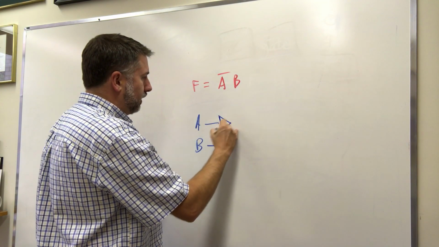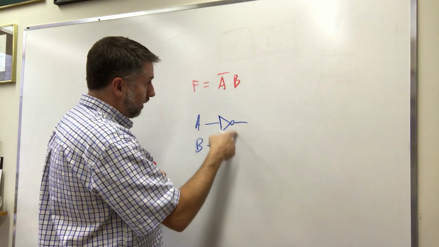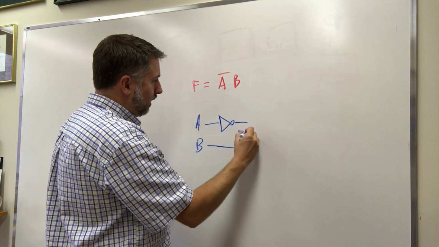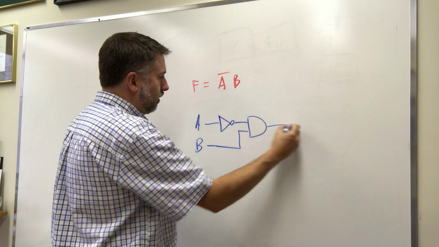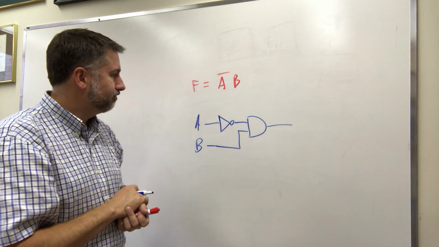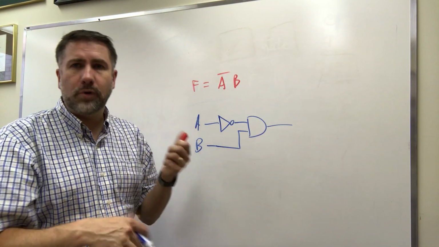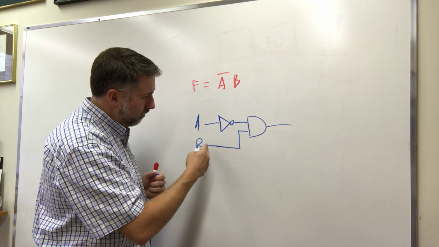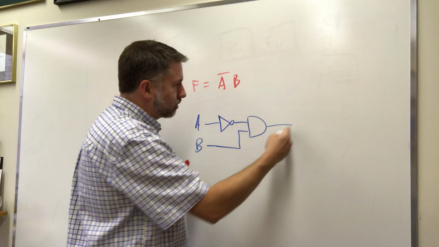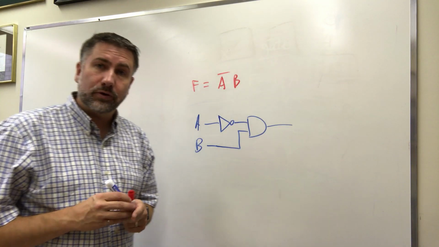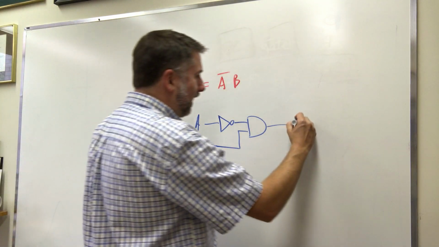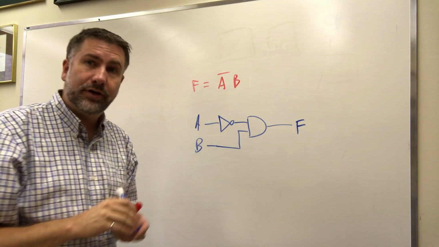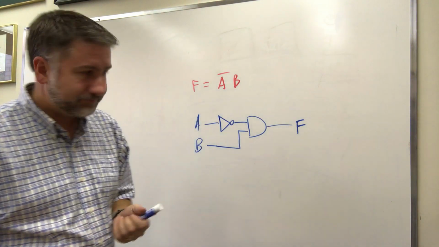So we can invert the value of A, and then AND it together with the value of B. So this is our first sort of multi-level circuit. And what we see is that we've got a circuit where things will happen to these logical values step by step over the course of time. And eventually, at the end, we'll get our value F, which will be the result of that.